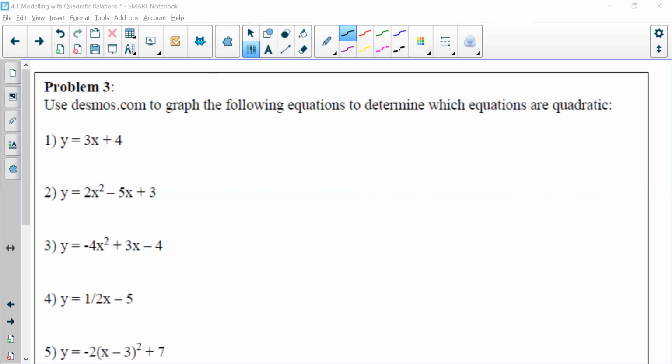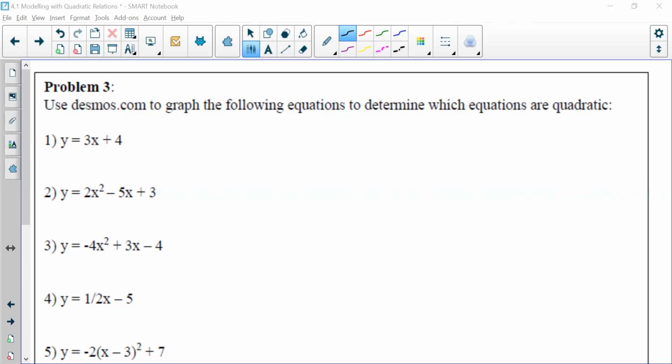Okay. So if you can tell me equation 1, y equals, is it? 3x plus 4. Okay, what's your second equation? y equals 2x squared minus 5x plus 3. And next equation. Negative 4x squared plus 3x minus 4.